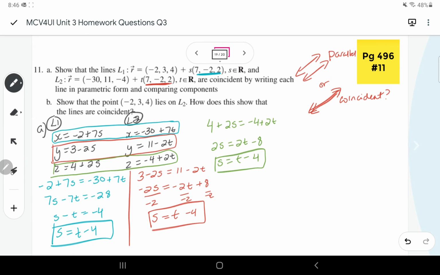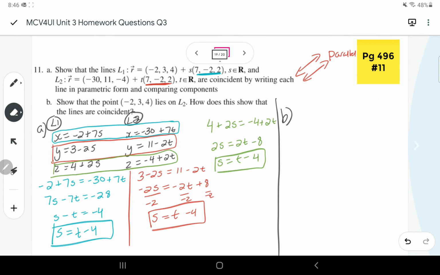Now, I find that that's more complicated than you need to be. When I'm looking at two lines that I know are parallel, if I want to know if they're coincident, I'm going to erase this and show it in a bit more detail. If I have one line and another line, and I know for sure that their direction vectors are scalar multiples, there's a point and a direction vector on each line.